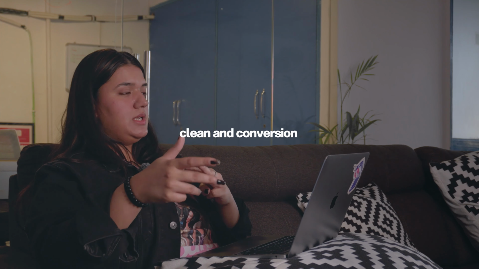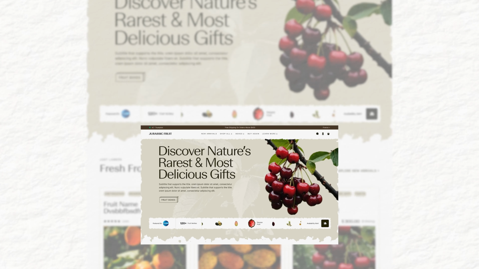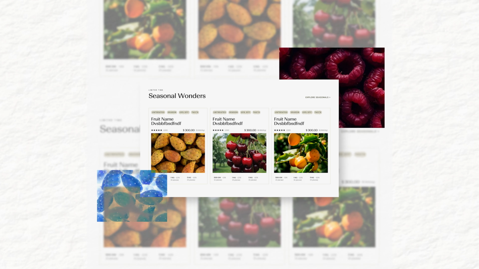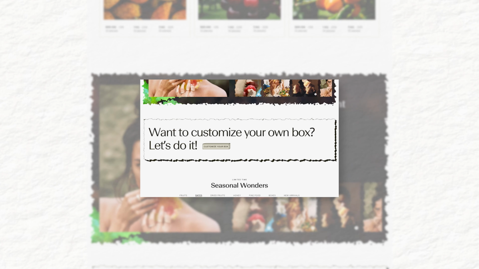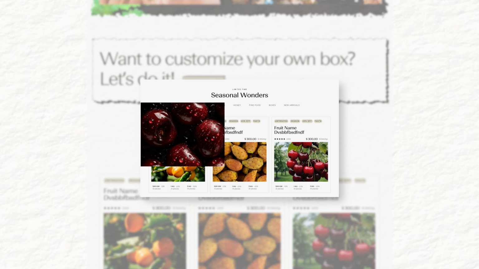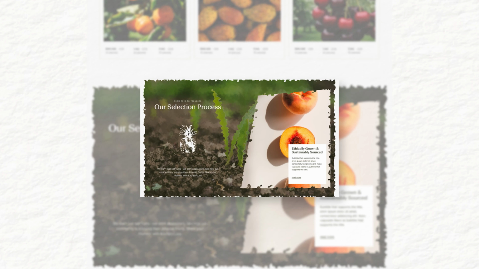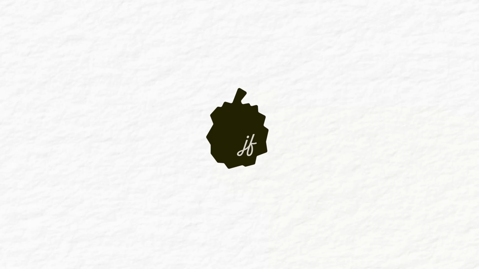The third one was more clean and conversion led. And the fourth one was completely inspired from the logo.